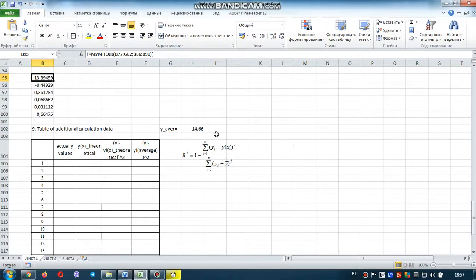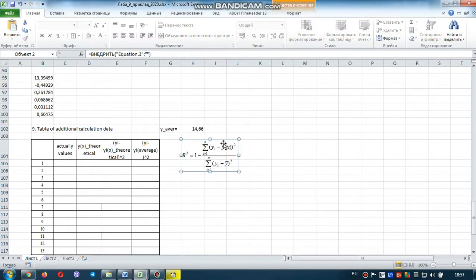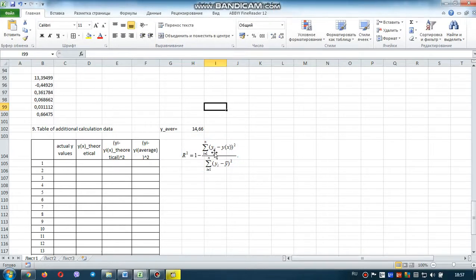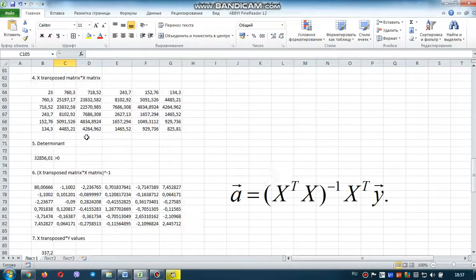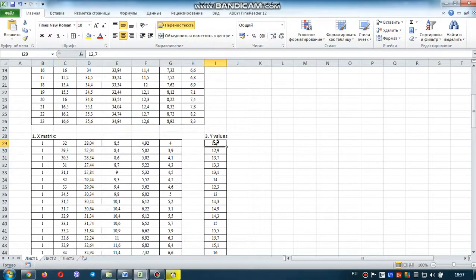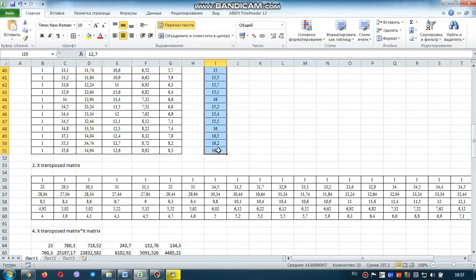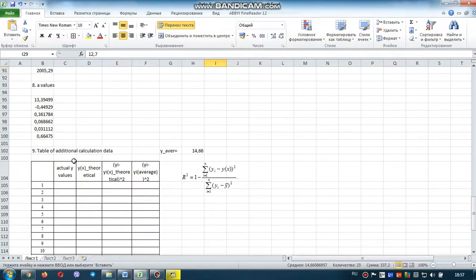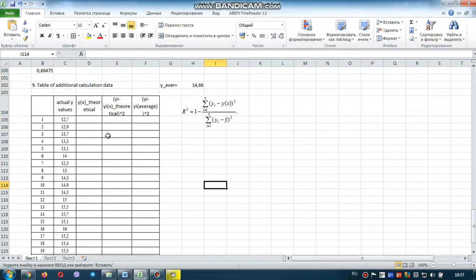Our next step is to determine the multiple regression coefficient, R squared. To determine it, we have to know the actual y values. We can just copy these ones. We also have to know theoretical y values.